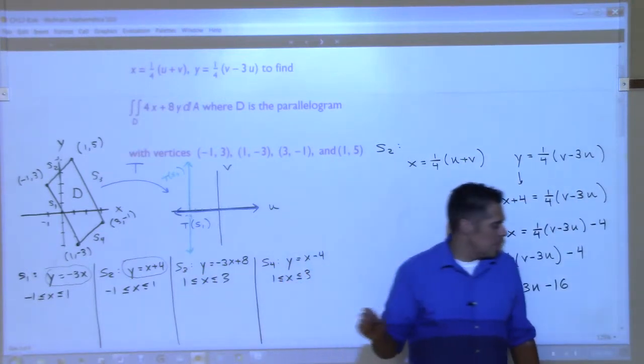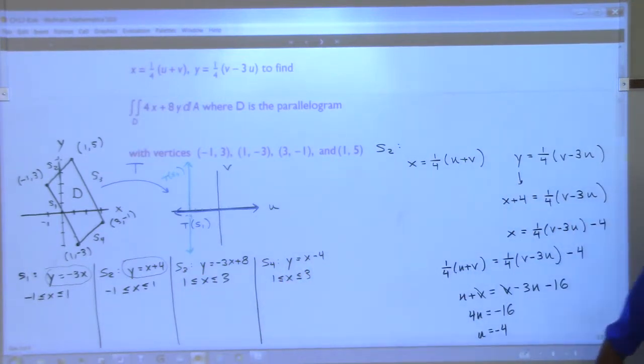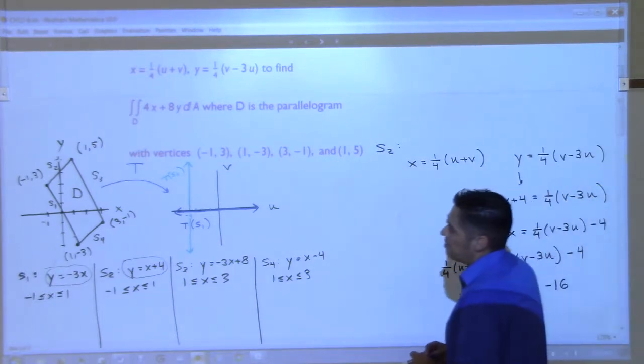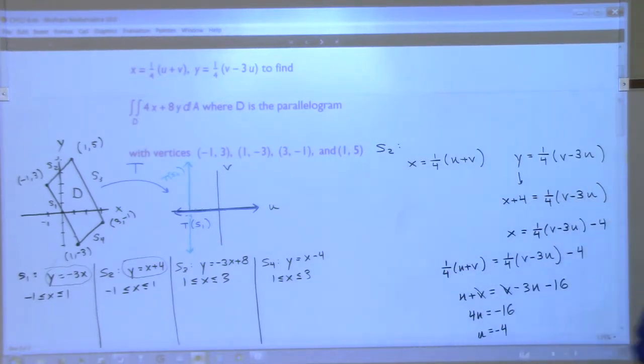Okay? You all happy with that? Not happy. Are you okay with it? Or do you follow it? Yeah? Okay, let me tell you what the other 2 transformations become. S3, I believe, comes to v equals 8. Let me just double check it here.